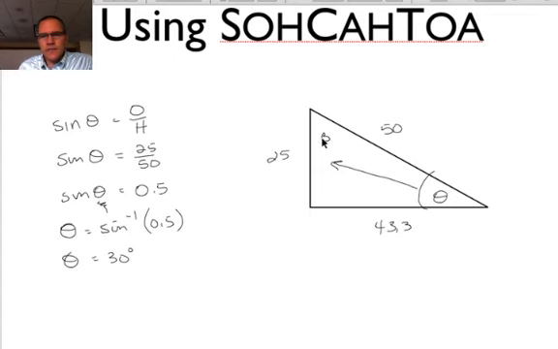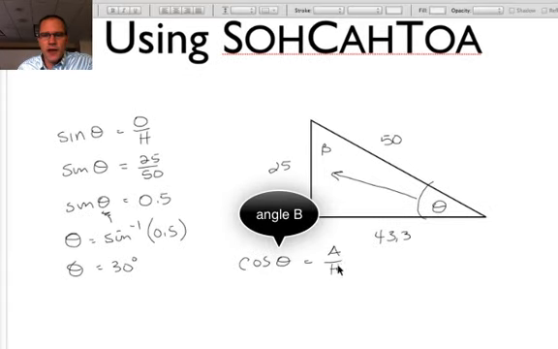We could do the same thing for beta. We can do 90 minus 30 gives us the 60, yes. But let's use the cosine function to see if we can find that one. Cosine of our angle is equal to adjacent over the hypotenuse, which is equal to 25 over 50, which is equal to 0.5.